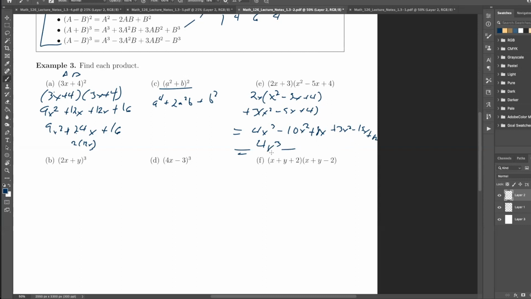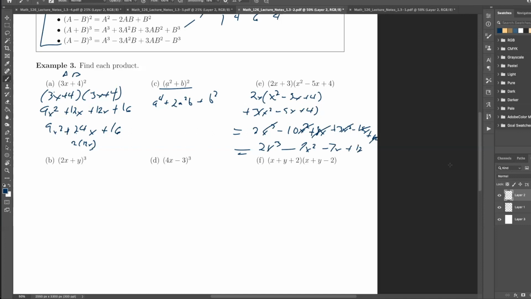Hold on, is this a 4? There's no 2 here. This is 2x cubed minus 7x squared. 15 minus 8 will give me minus 7x. Then the 12. We're done.